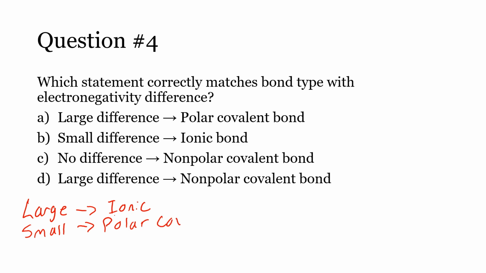Now, if we have no difference in this, this is going to be called a non-polar covalent bond. And so by taking a look at that, this is going to lead us to answer C. So no difference would be a non-polar covalent bond.